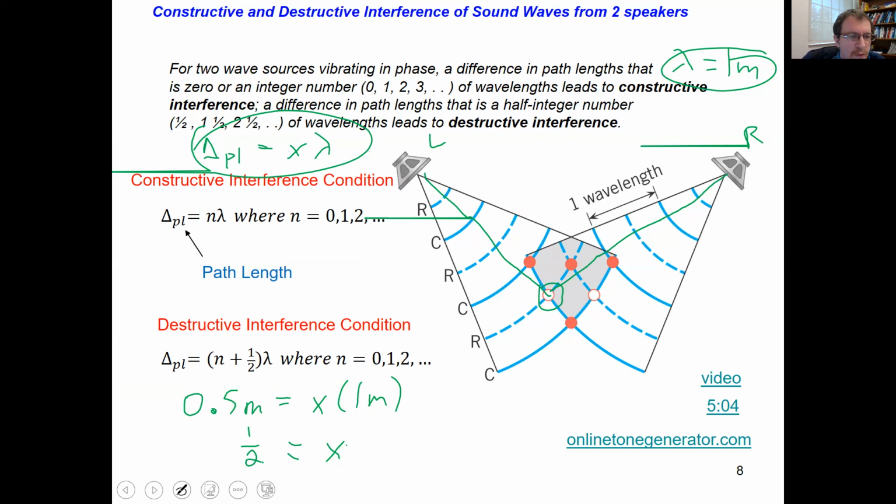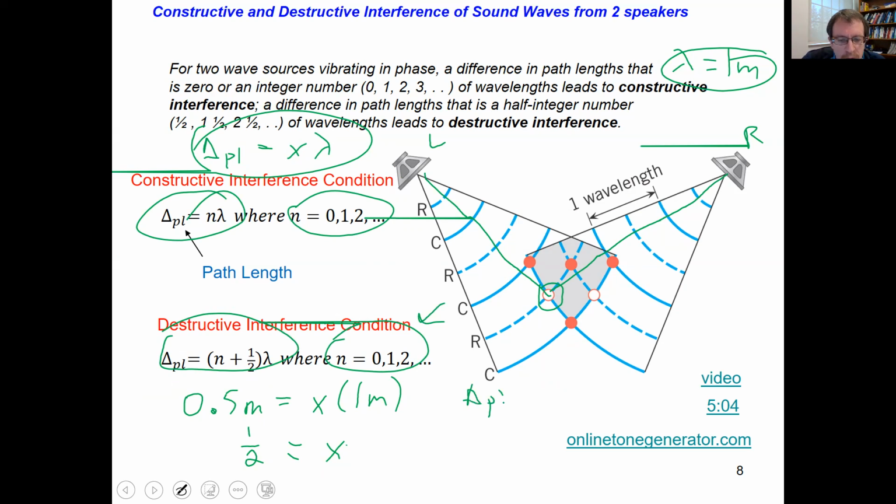So which one of these does this match up for? Is it constructive or destructive interference that would occur? If I look at my possibilities for destructive interference, if my delta PL is equal to 1/2 lambda, or 3/2 lambda, or 5/2 lambda, and so on, I'm going to have destructive interference.